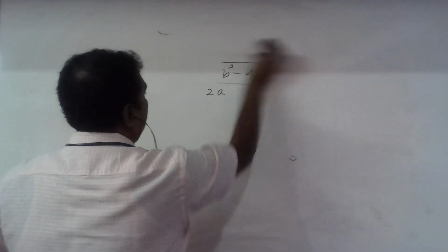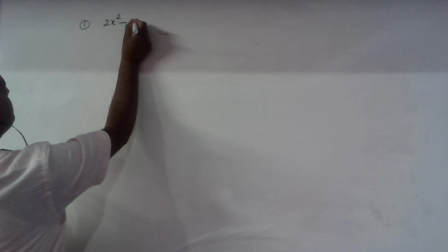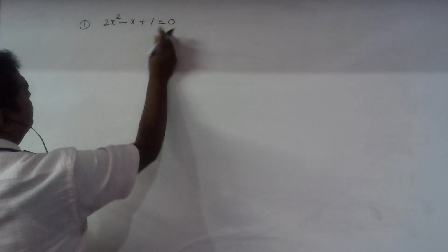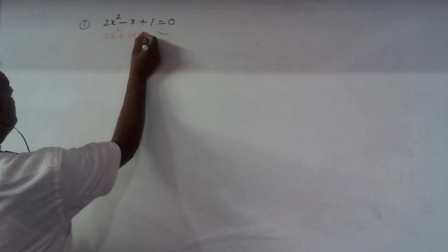Now how to solve the quadratic equation by the formula method? I will go for the first example. Example 1: 2x square minus x plus 1 equal to 0. This is a quadratic equation, and it is in the standard form. Now I am going to compare this with the standard one, ax square plus bx plus c equal to 0.